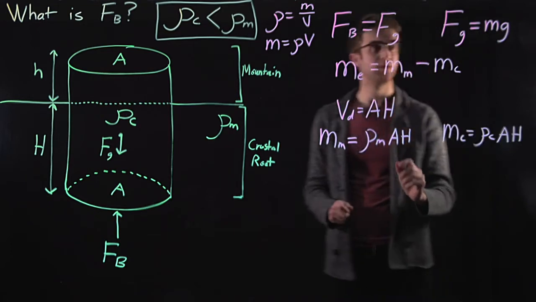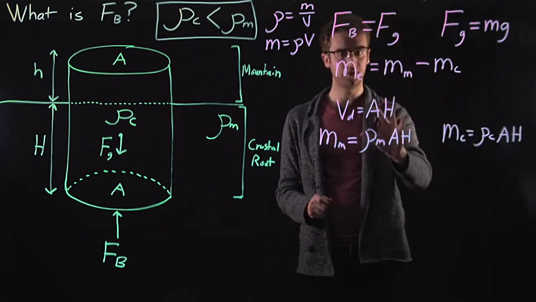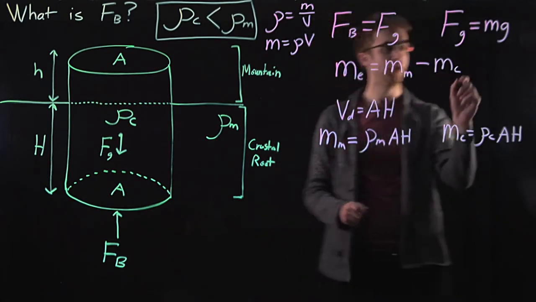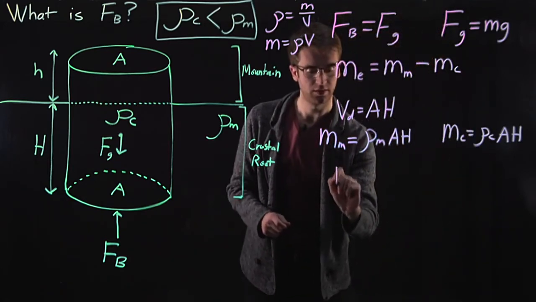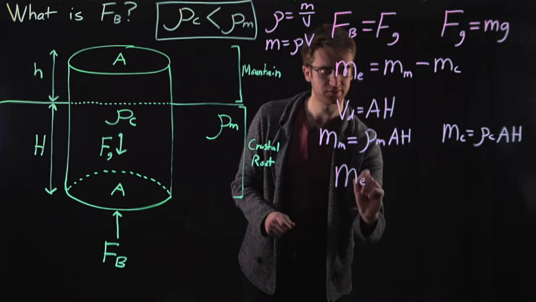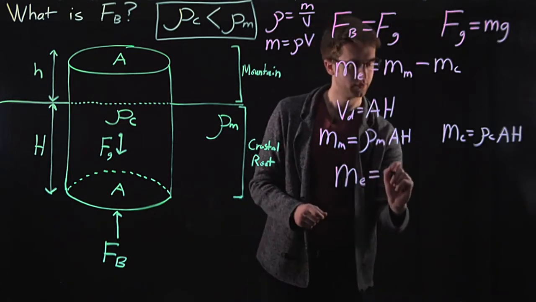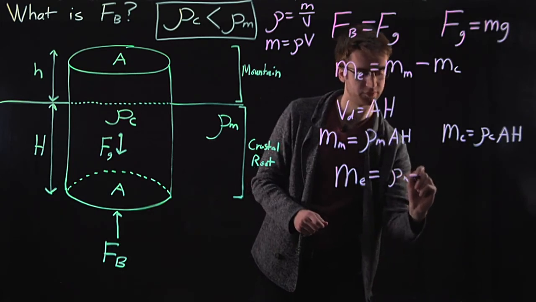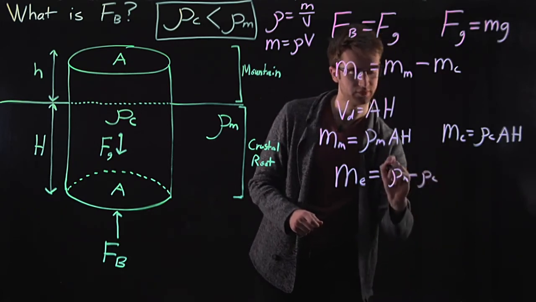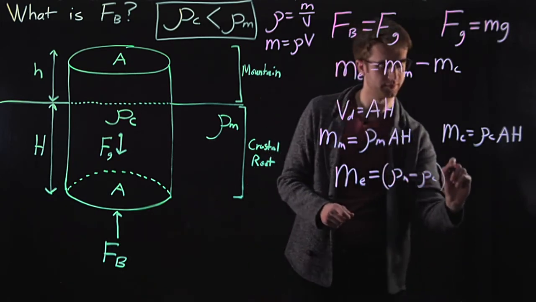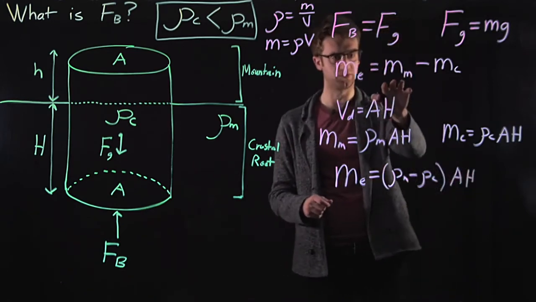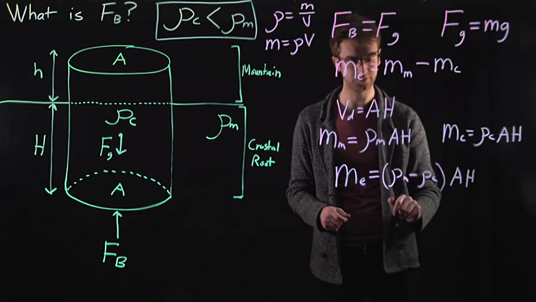Because the effective mass is the difference between these two, the effective mass equals the density of the mantle minus the density of the crust times the volume element. And that's just this difference using these results.